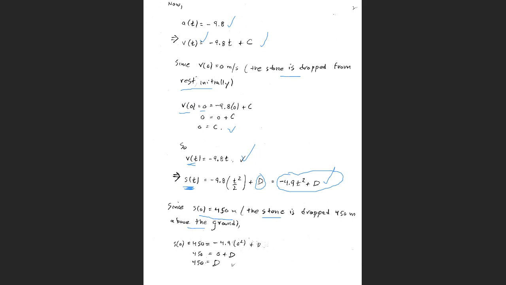The distance of the stone above the ground at time 0 is 450 meters. So we plug in 0 for t in our S of t function, and we'll determine that d equals 450.